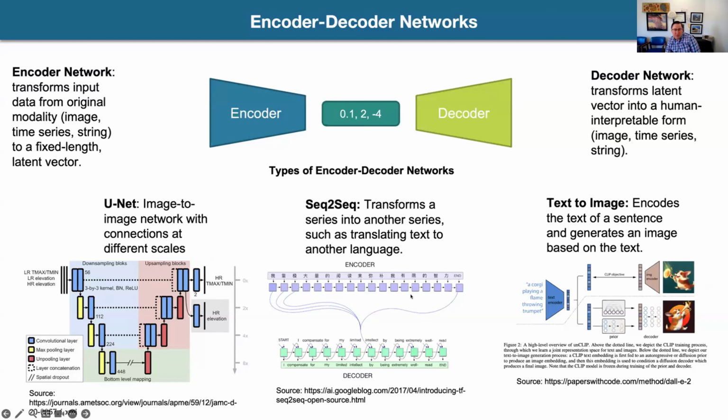We can also take sequences of images, or text, or time series of, say, weather data and go from a sequence to another sequence. And we can do crazy things like take text and generate images based off the text. So this is the underlying algorithm for things like DALL-E or the image-based ChatGPT models, where you say, draw me an image of a corgi playing a trumpet.